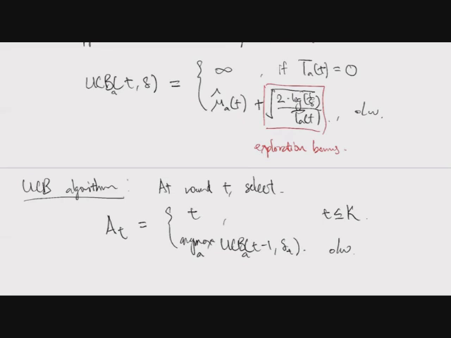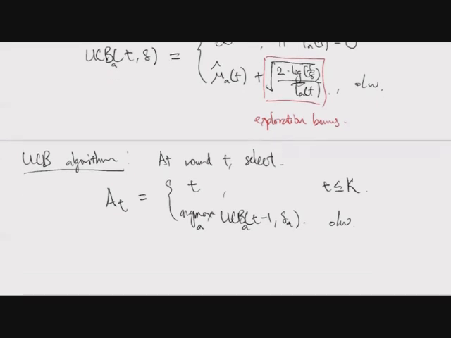Okay, so why is it the square root of 2 times log 1 over delta divided by T_A(t)? Okay, and the reason why it has this exact form is because we want this bonus to reflect our confidence level about the true mean for this arm.